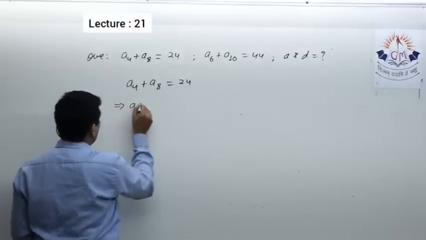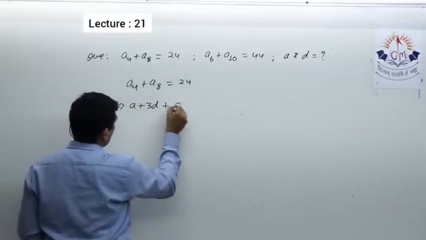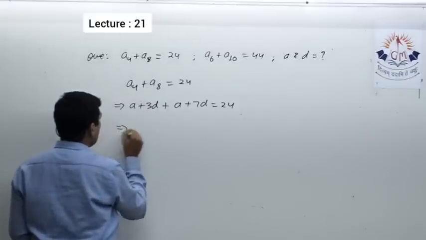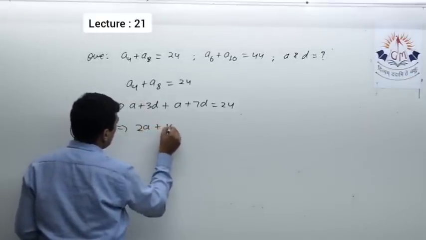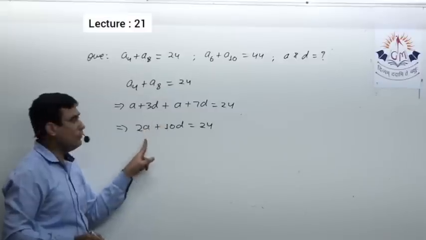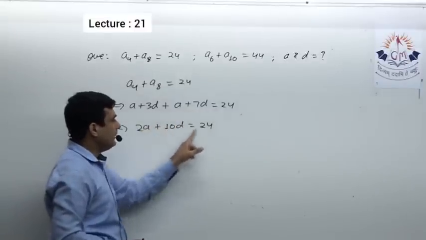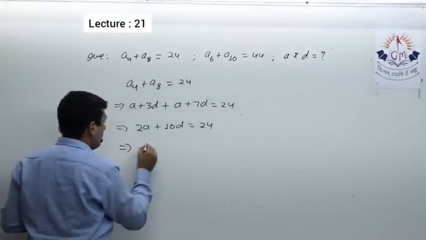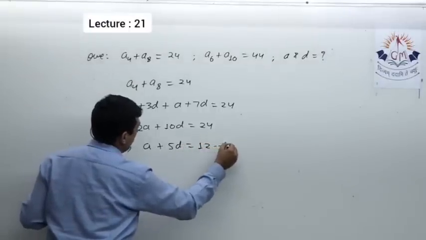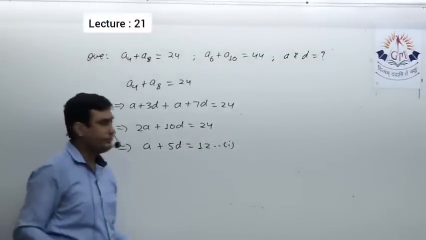Therefore I can write A plus 3D plus A plus 7D equal to 24. This means 2A plus 10D is equal to 24, so A plus 5D is equal to 12. This is my equation number 1.